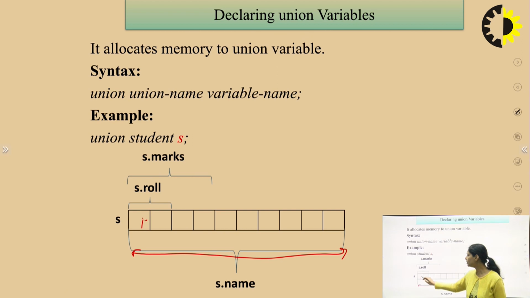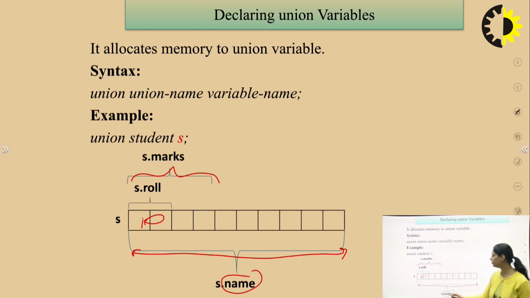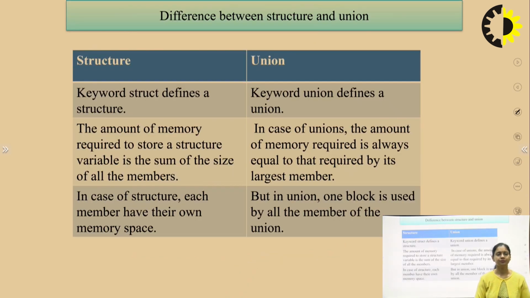So if roll number takes this much memory, the same memory will be used by marks and maybe more as per the requirement of the variable. If we talk about name, name would again start with the same memory address and take up the memory. So here the memory allocation is reduced. The space allocated to a variable is reduced as compared to structures.